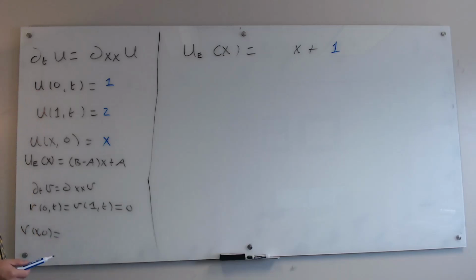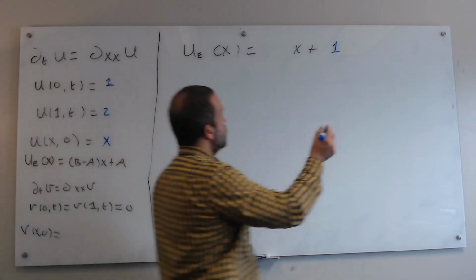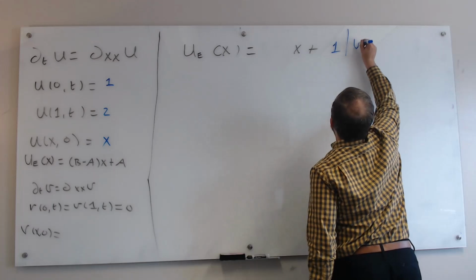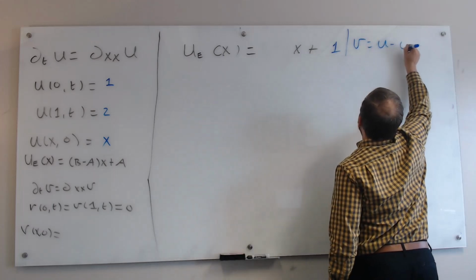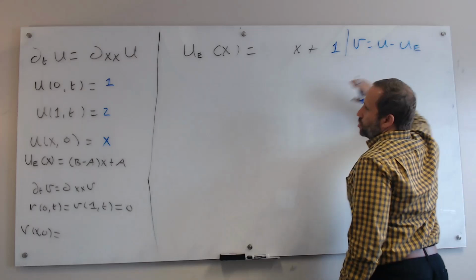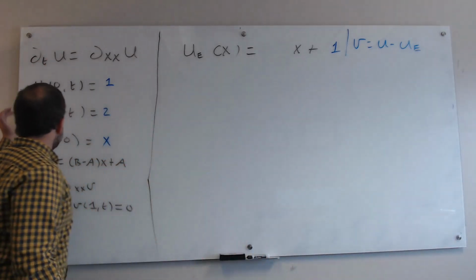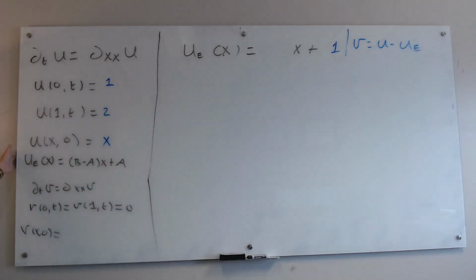So now we're going to define a function v. V is equal to u minus ue, where u is the solution to this equation. As we saw, the t derivative of v is the double x derivative of v.